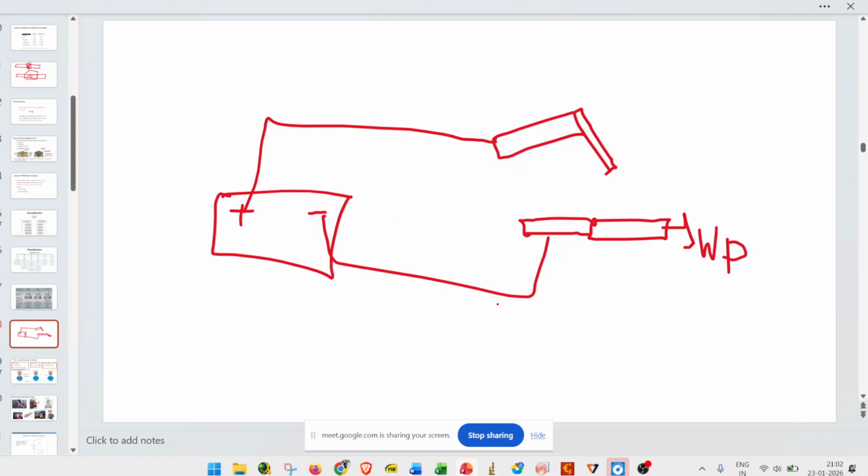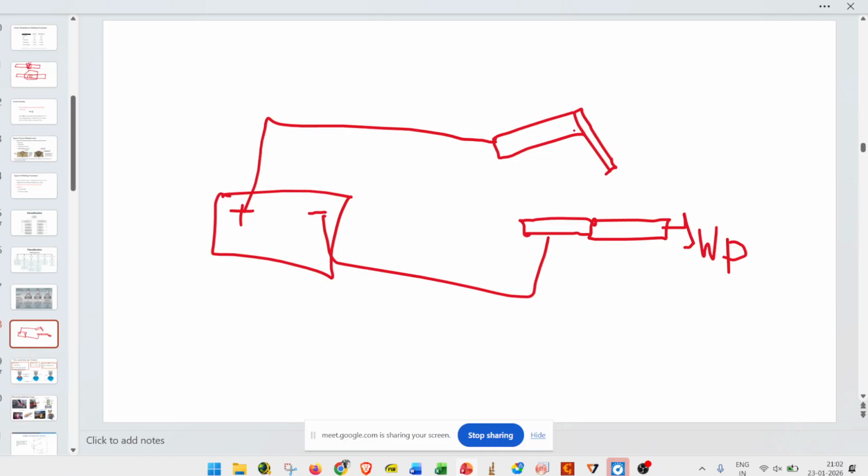So there are three possible cases here. One setup is the negative terminal to the workpiece and the positive terminal to the electrode. In another case, I connect the positive terminal to the workpiece and the negative terminal to the electrode.